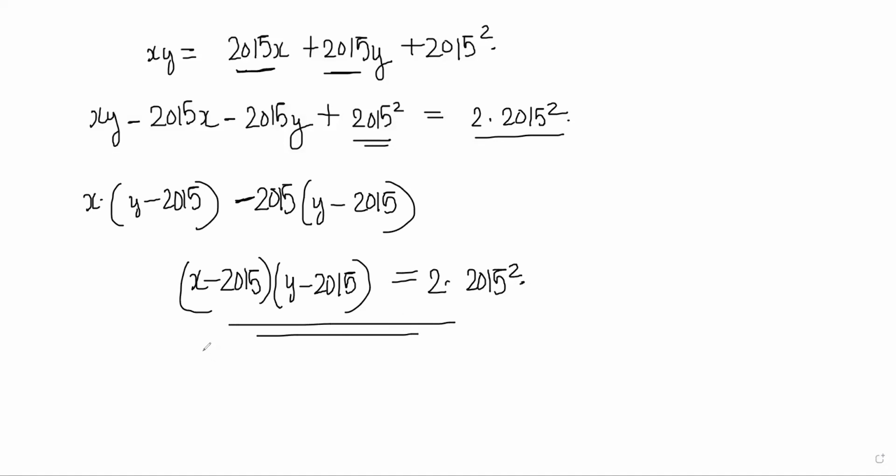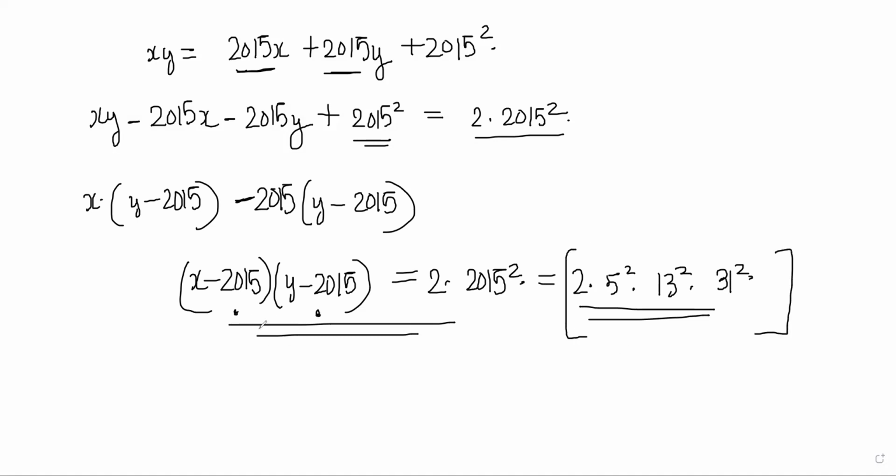Okay. Now from here, what we can see is 2 times 2015 square has factors of 2 into 5 square into 13 square into 31 square, right? We want to write this number as a product of two different factors.